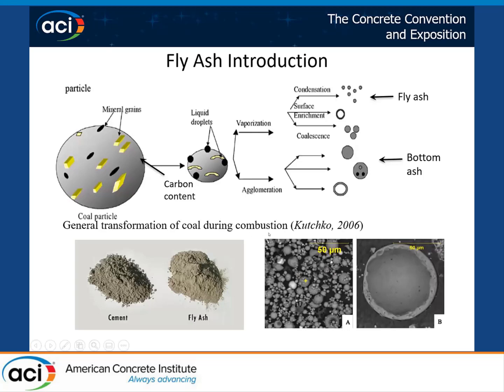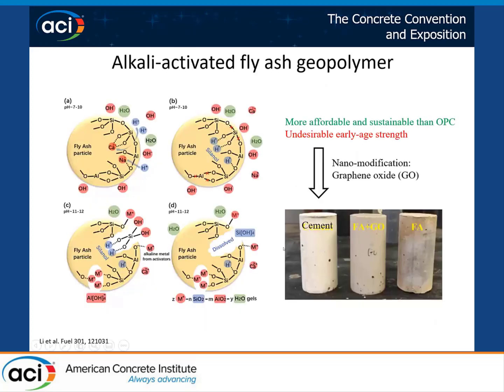Many fly ash particles are round in form, so people like to use it in the cement industry because it can decrease the friction between aggregates, decrease the demand for water, and accelerate the hydration process. In our presentation, we will focus on alkaline-activated fly ash geopolymer.